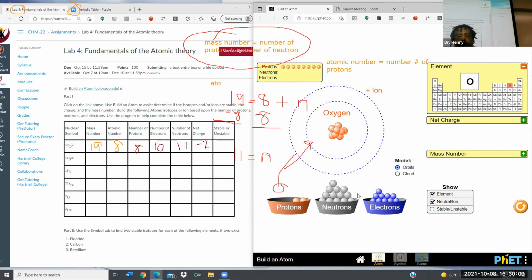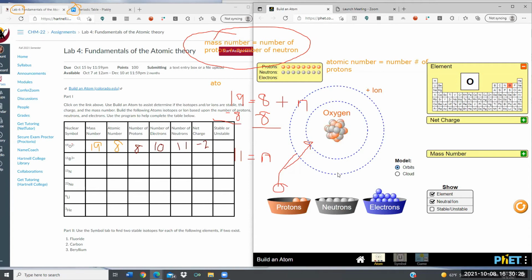Now drag your neutrons. How many neutrons do you have? 11. Okay, so drag 11. Then drag your electrons.